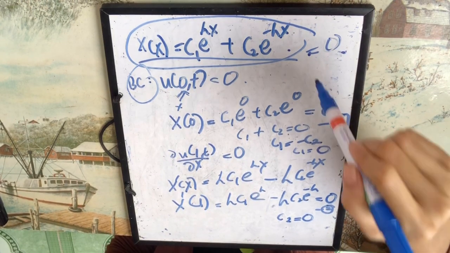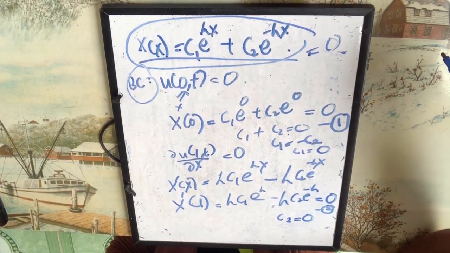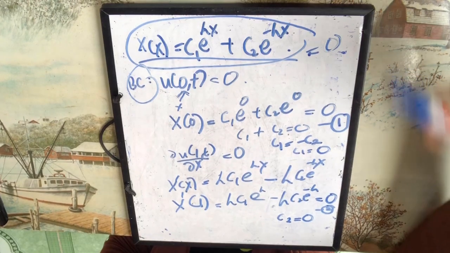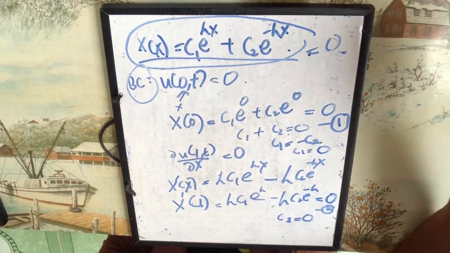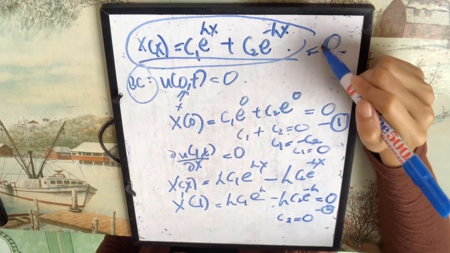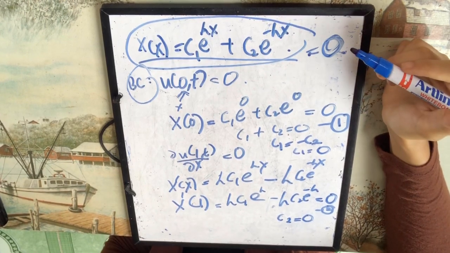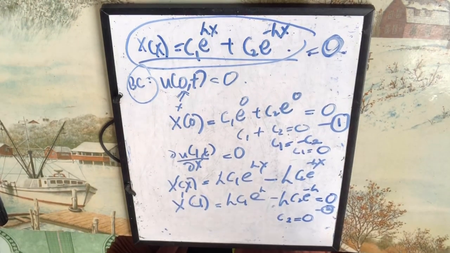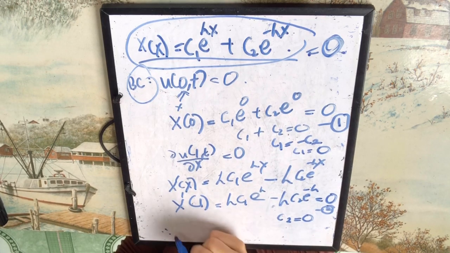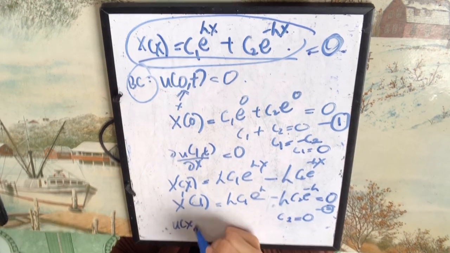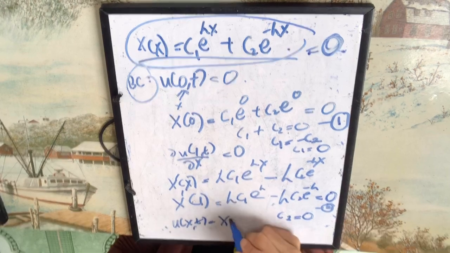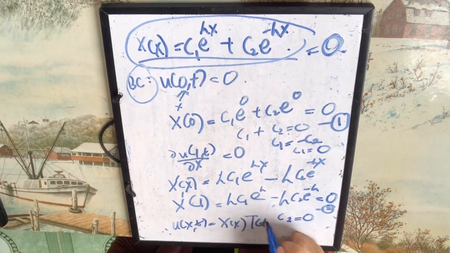Then we would proceed with the t equation, but I don't want to proceed because your x is already 0. There is no point. Why do I say no point? Because at the end of the equation, you need to multiply the x equation with the t equation.